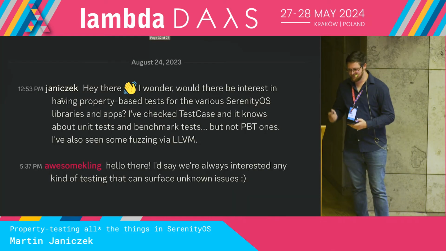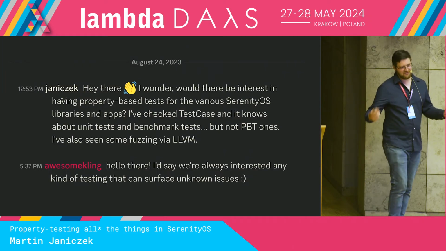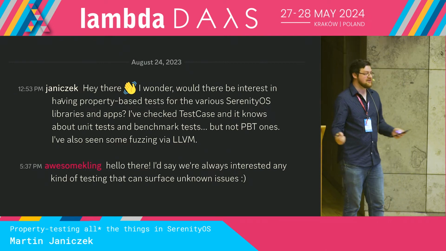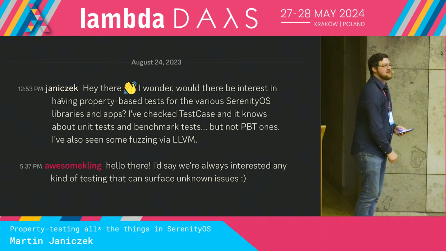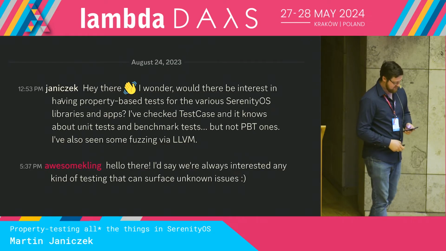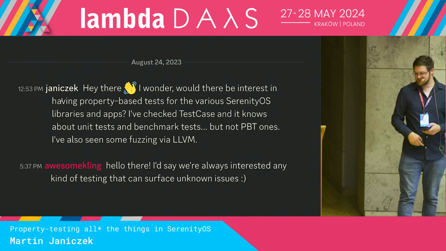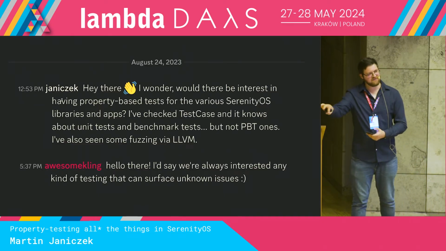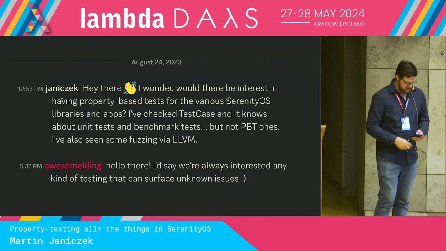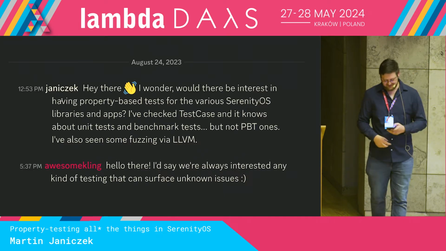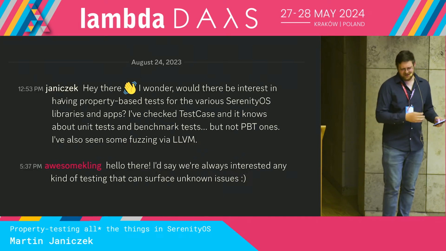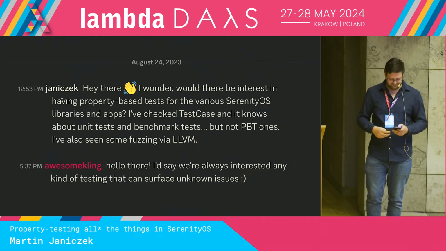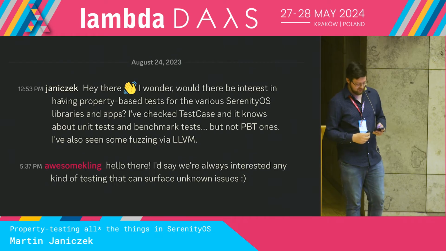But anyways, I gathered my courage. I went to gauge interest on their Discord, and I got the green light. Awesome. I can try to start doing this. Now what? I started by making an experimental C++ project outside of SerenityOS to explore the space. If I just start porting my library from Elm to C++, what issues will I encounter?